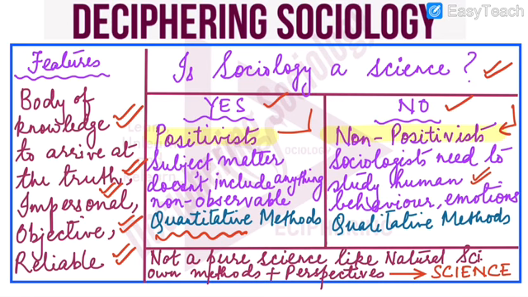And if we are studying them, then we cannot study them experimentally like a natural science. We cannot study them in a laboratory. So, they stress on qualitative methods. Methods which are more than yes, no, tick boxes, where you have to write in paragraphs just like the mains exam. And these methods are subjective.